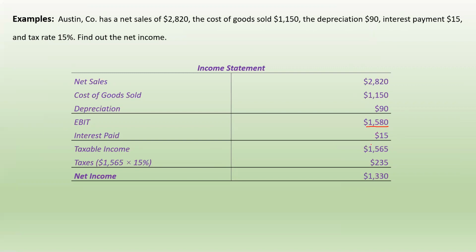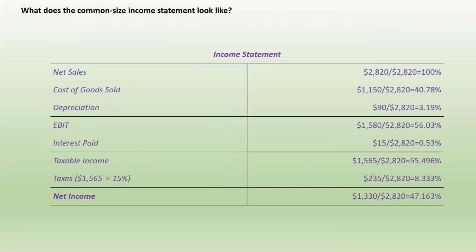Minus interest paid, that's taxable income. Taxable income times the 15% tax rate gives the taxes. We deduct those taxes from taxable income and find the net income is $1,330. For the common size income statement, we divide all the items by the net sales. So this is how we do it.